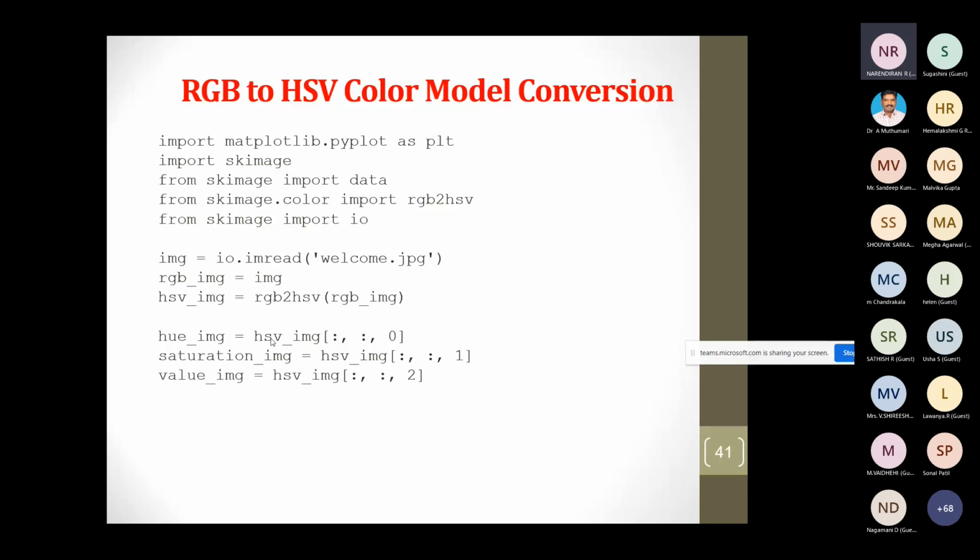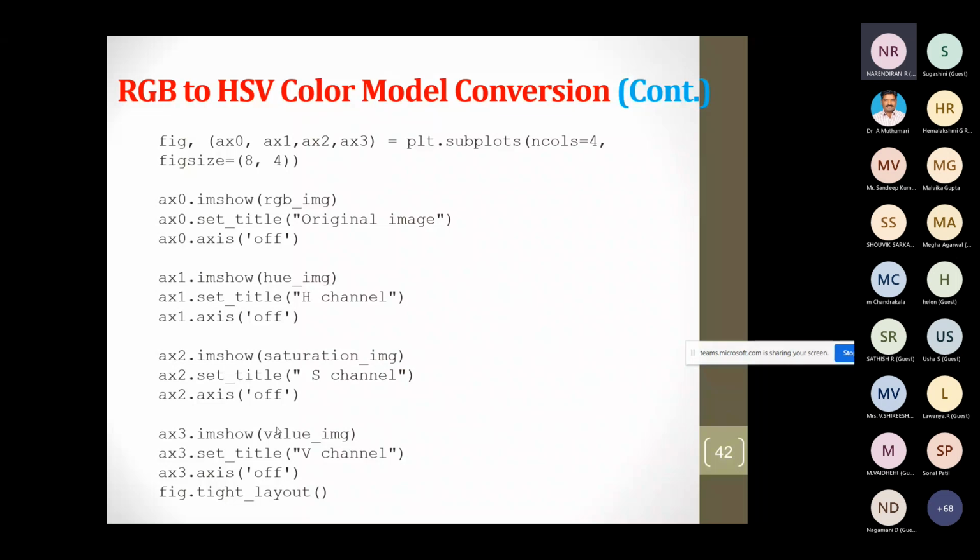The first channel is hue, saturation is in the second channel, and value is in the third channel. We assign the values here and then display them on the screen: H channel, S channel, and V channel.